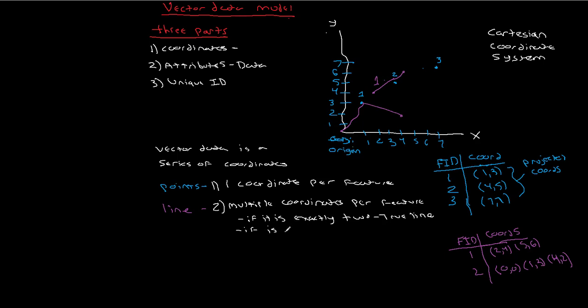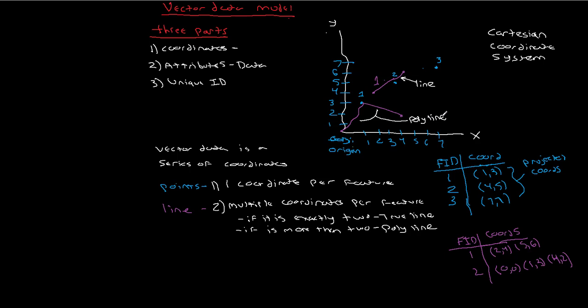If it is more than 2, we call this a polyline, because you have multiple lines making up this one feature. Because this is a line and this is a line. This whole thing here is called a polyline. So this right here is a line. This whole thing right here, this is a polyline.